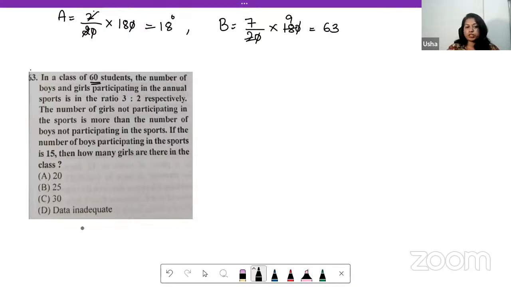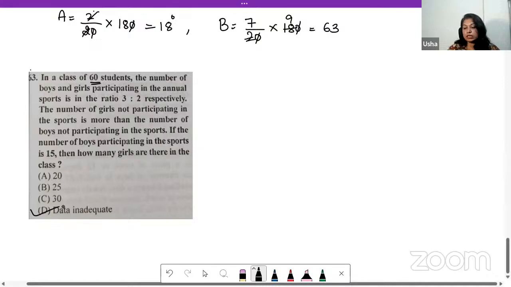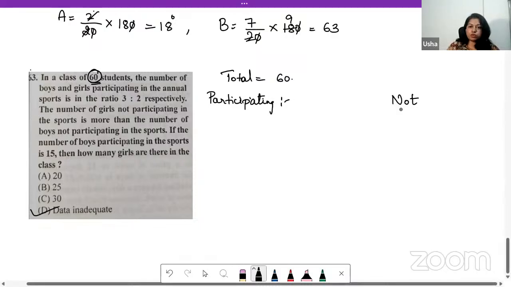Now, this particular question actually answers data inadequate. Let me explain why. See, totally we have 60 students, right? Total students are 60. Now, we have participating and not participating students.